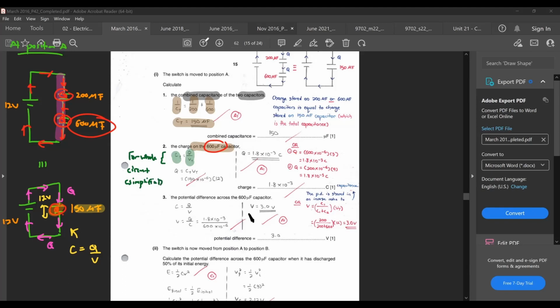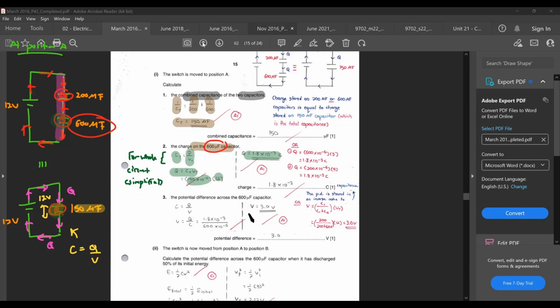So you find out the charge that is stored in the capacitor for the simplified circuit. That charge is just going to be your capacitance, 150 times 10 to the power minus 6, times your PD of 12. This one will be the charge. So this charge over here is the same as the charge in the 600 microfarad capacitor.